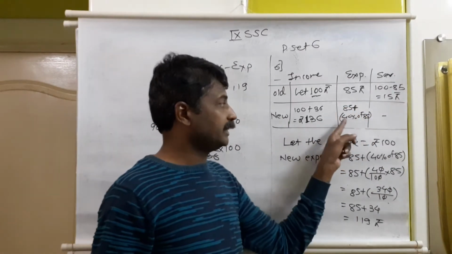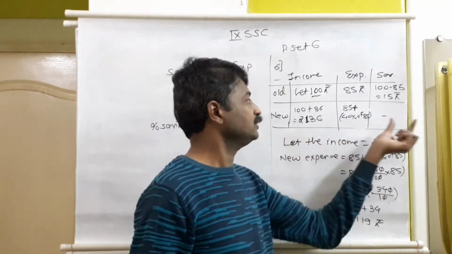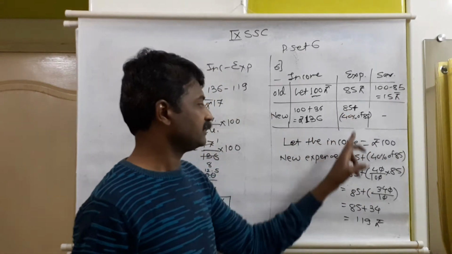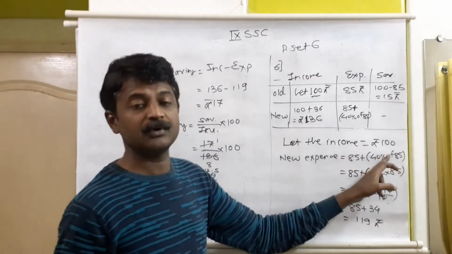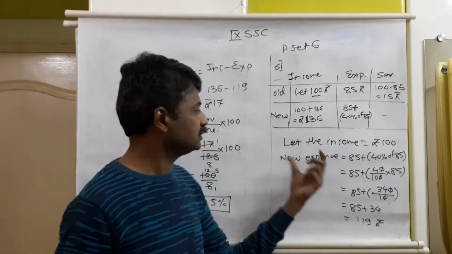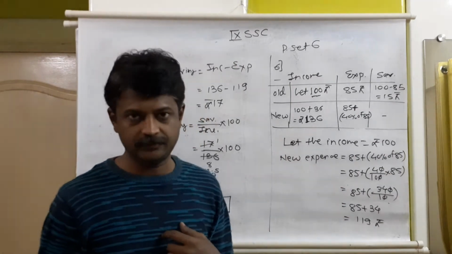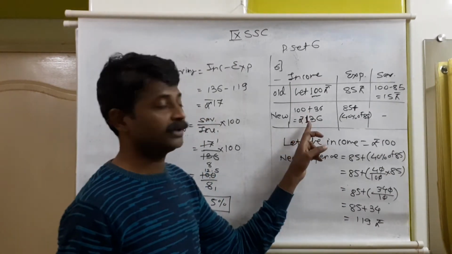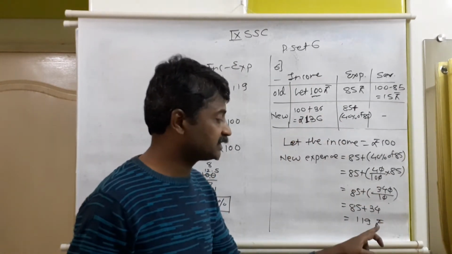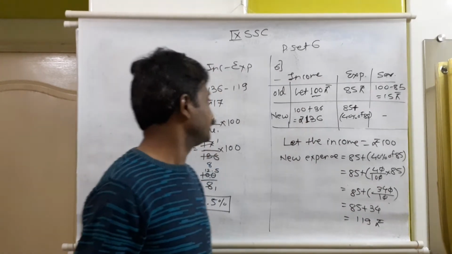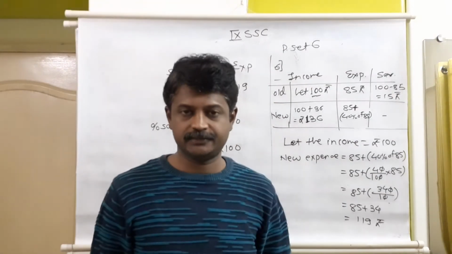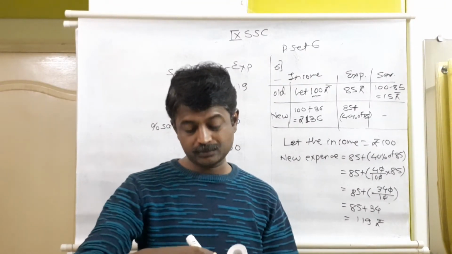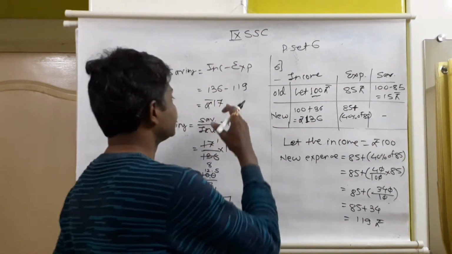We need to find this, then only we can get the new saving. 85 plus 40% of 85 can be converted as 40 upon 100 into 85. It gives the new expense as 119. Means if his new income is 136, his new expense is 119. The difference between these both gives 17 as his new savings. Mr. Kailash's new saving is 17 rupees.